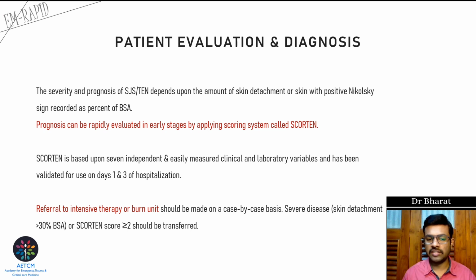Referral to intensive care or a burn unit should be made on a case-to-case basis by the doctor. Severe disease, skin detachment more than 30%, that is TEN, or a SCORTEN more than 2 should be taken as indicators for referring the patient to an intensive care unit or a burn unit.